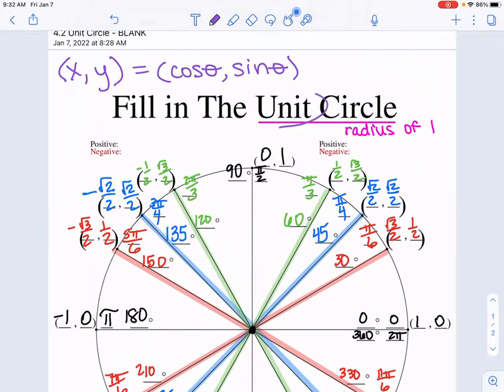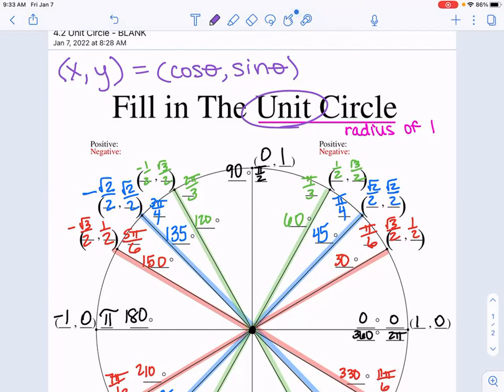Only on the unit circle. This doesn't work with any other circle. The radius has to be 1. On the unit circle where our radius is 1, any coordinates that we can point out, the x coordinate is the cosine of the angle. The y coordinate is the sine of the angle.